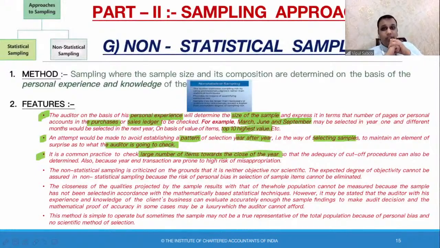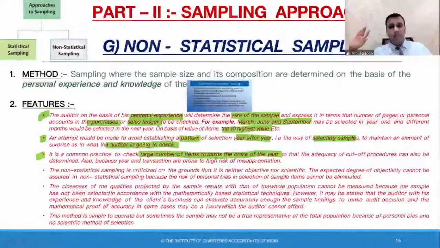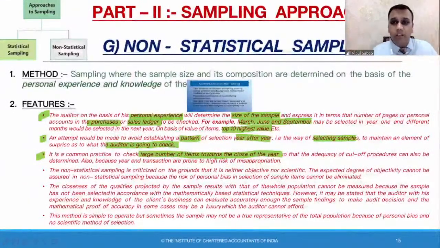At the end of the year, which we call in Hindi Lipa Pochi, whatever you want to do, just make it look all well. Pass fictitious entries and all. Make it look all good at the end of the year. So, we check a large number of items at the close of the year and develop cut-off procedures.